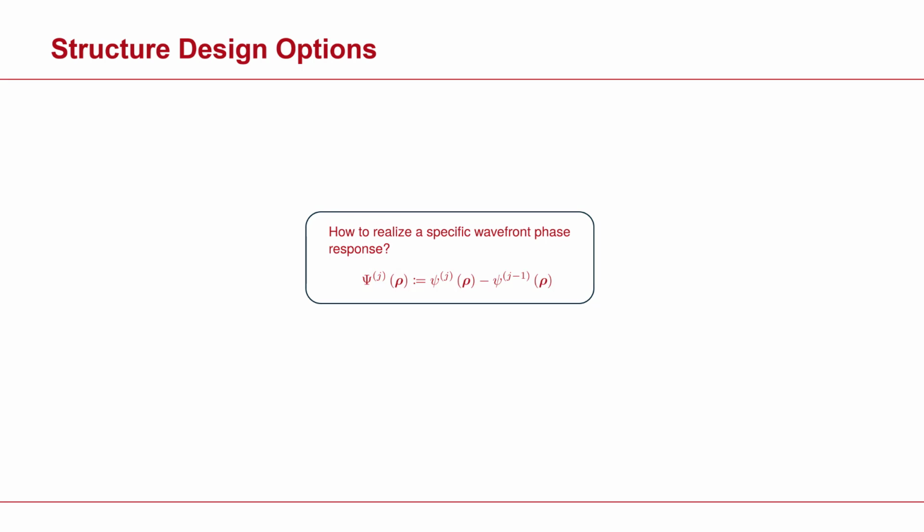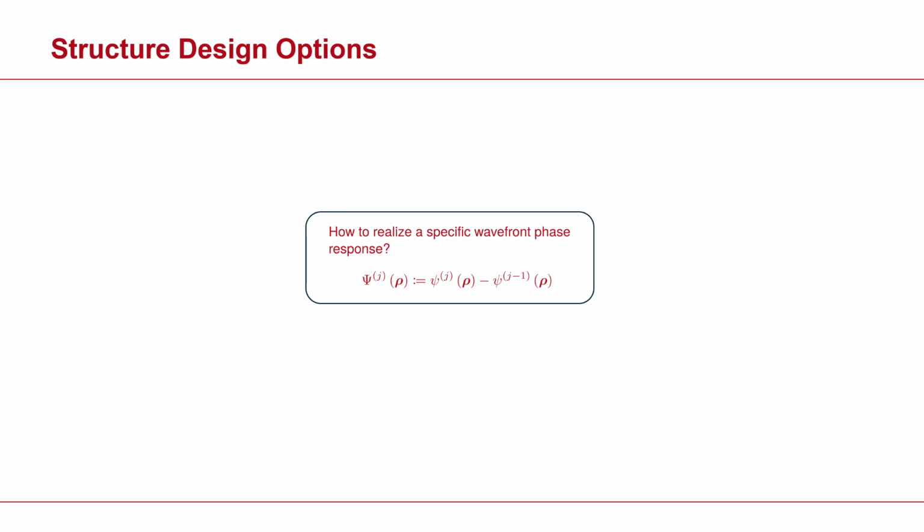What we see shown on the slide now is the functional design stage, a pure mathematical abstraction of the function we want the component or system that we're going to design to fulfill. In particular, what we're going to be focusing on throughout the webinar is that we want the element we're going to design to realize a specific wavefront phase response.